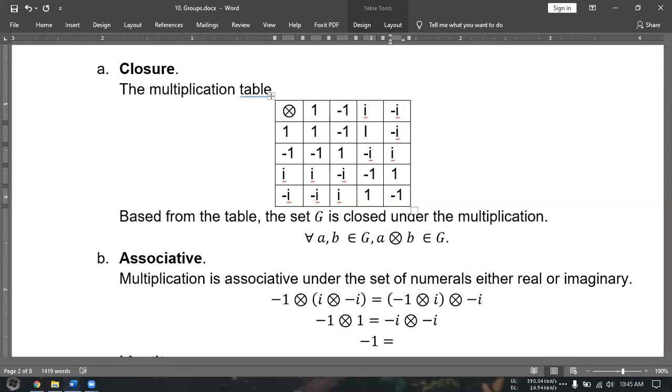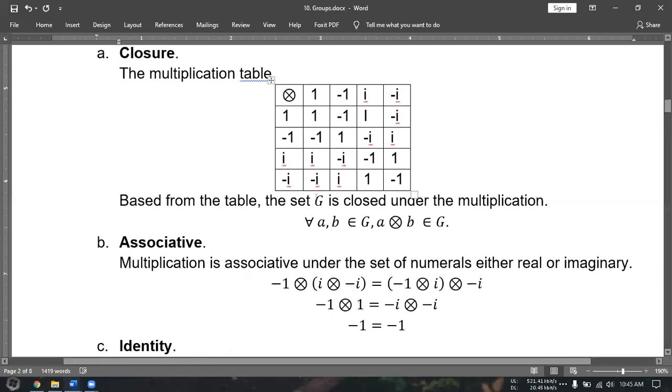The table was wrong, the table at the end; there should be negative 1. So they were equivalent. Negative 1 is equivalent to negative 1 by associativity.